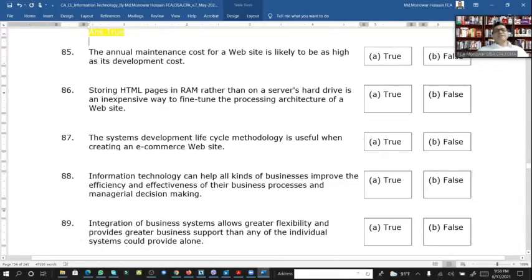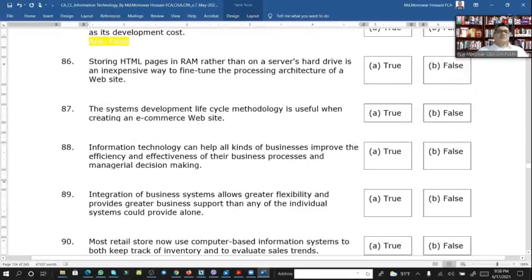The annual maintenance cost of a website is likely to be as high as its development cost. False. Storing an HTML page in RAM rather than on the server's hard drive is an inexpensive way to fine-tune the processing architecture of a website.